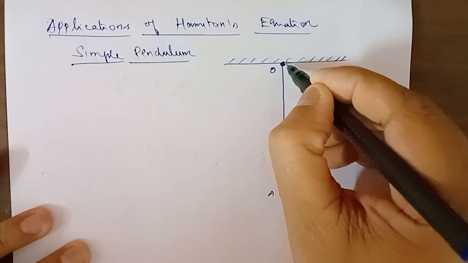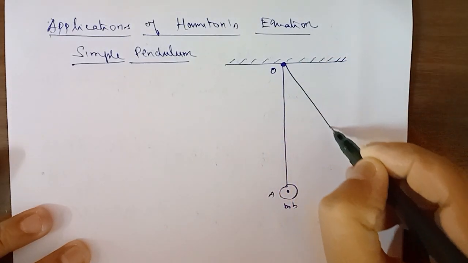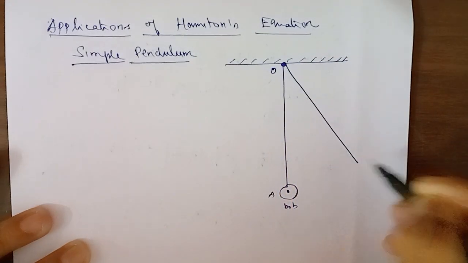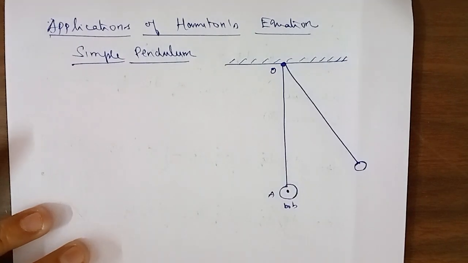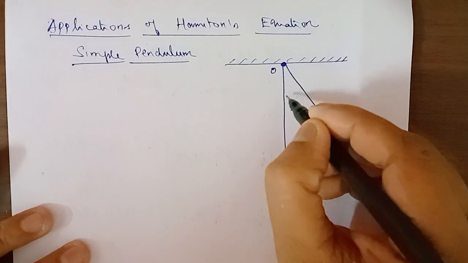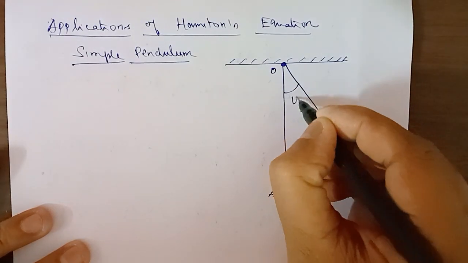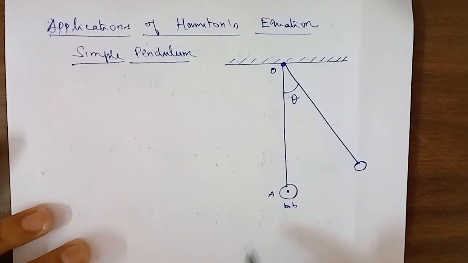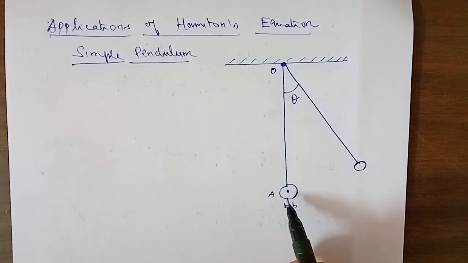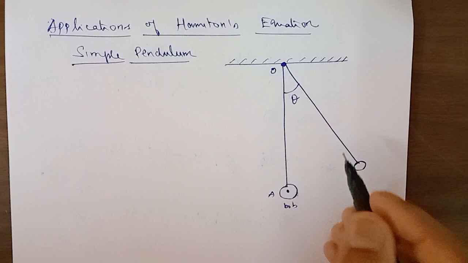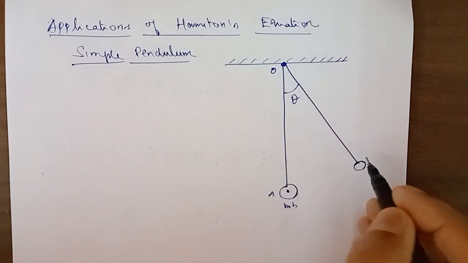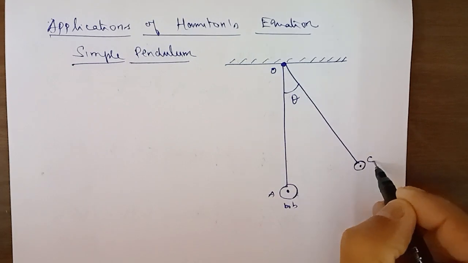When it oscillates, it reaches a position like this. Then it makes the angle theta with the fixed position OA. Then it reaches the point C.